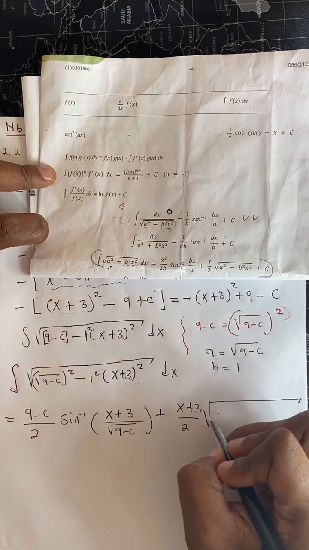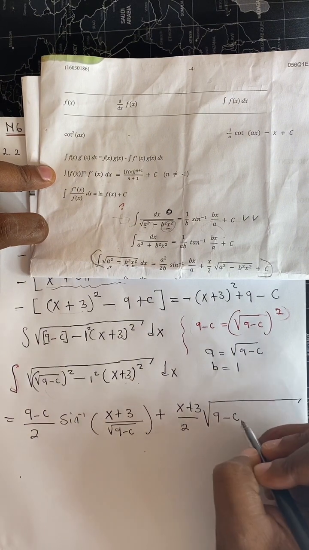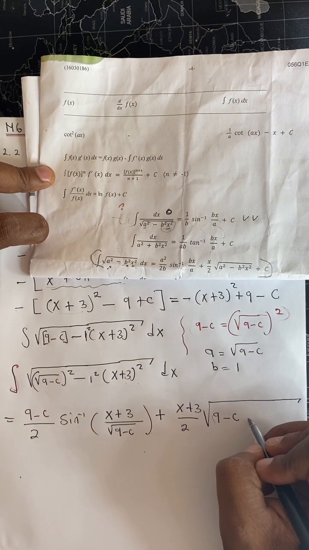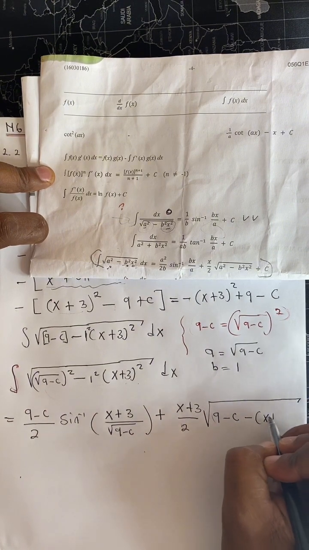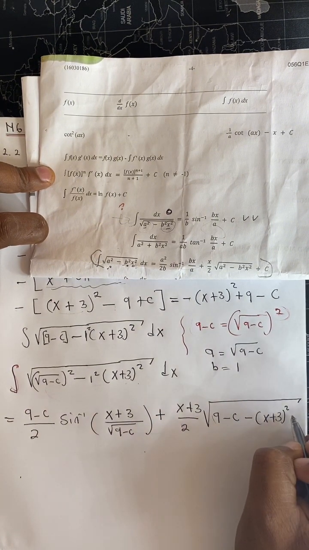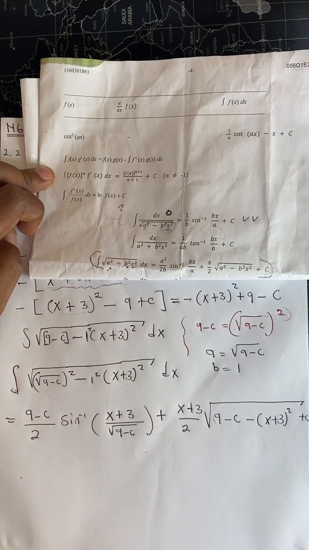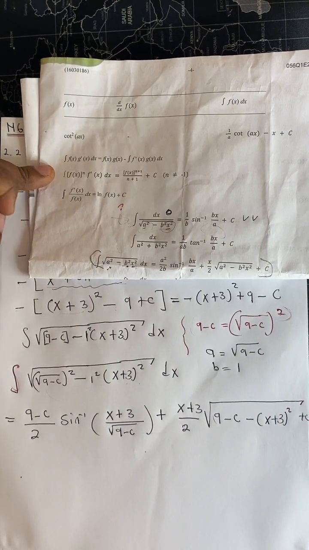So we'll have 9 minus c, so there is no need for us to include the square root and the square, minus x plus 3 squared plus c. And this will be our answer for question 2.2.